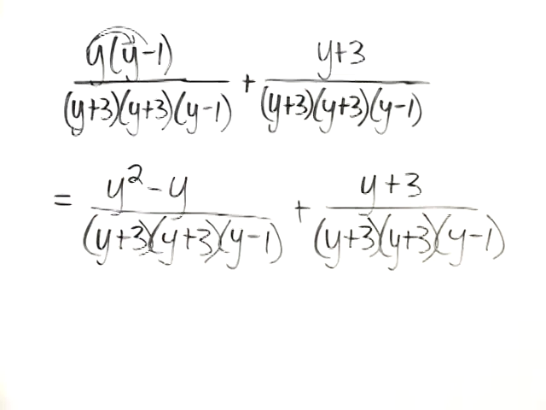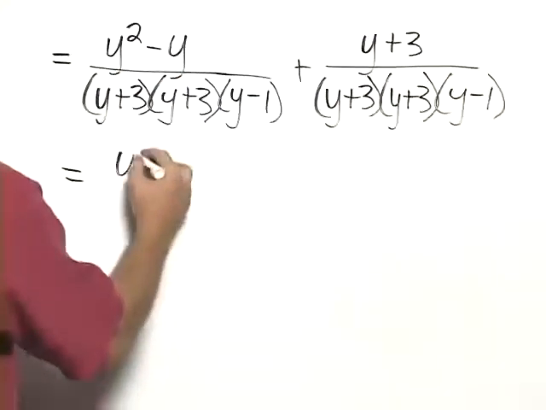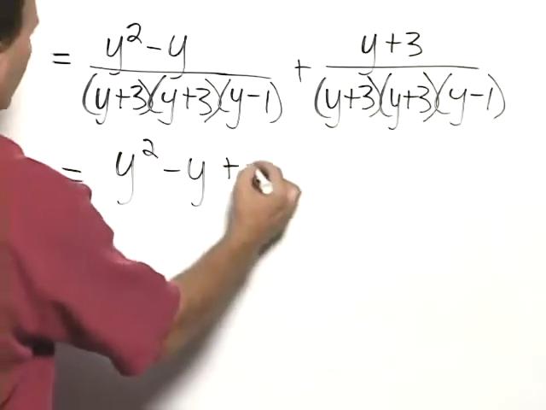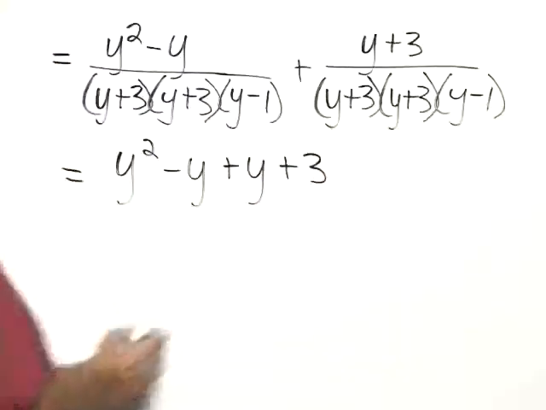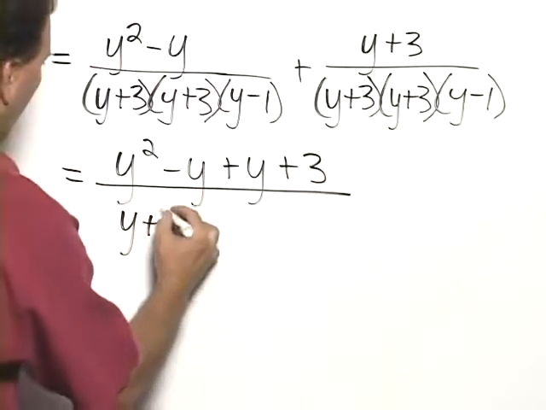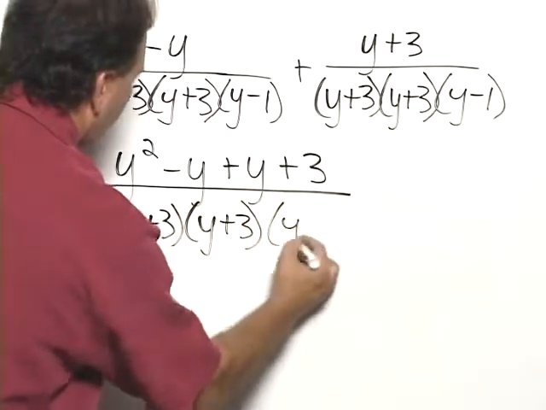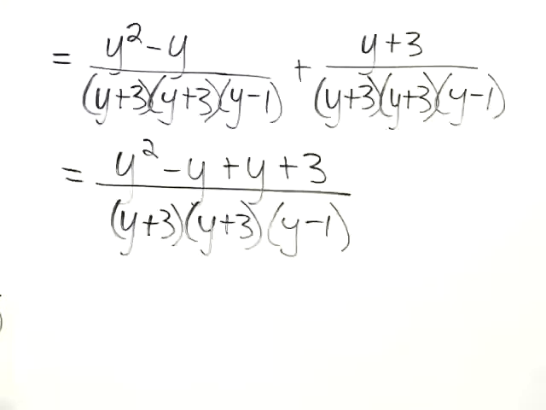We can now add those numerators together. y squared minus y plus 3 all over the LCD of y plus 3 times y plus 3 times y minus 1.